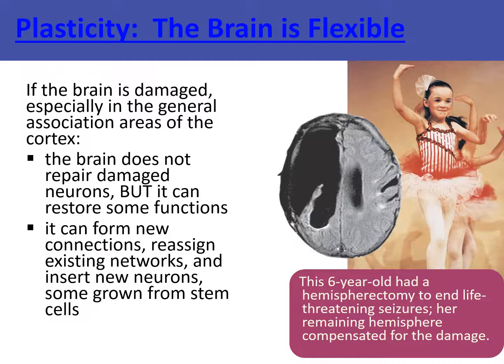And amazingly, the other half of the brain took over all the responsibility for the removed or damaged half. And this girl has almost perfectly normal behavior. She has very few motor problems resulting from the surgery. She was even able to engage in a complex motor activity like ballet, despite having half a brain.